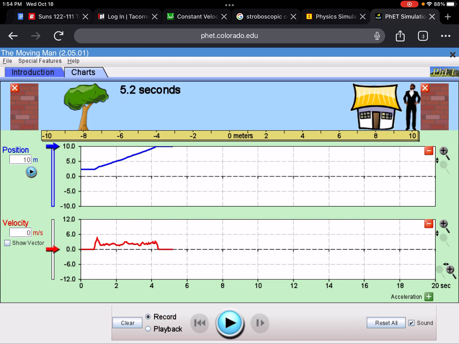All right. Now, it's not perfect, but I can see from about 2 to 4 seconds, I have a pretty good linear line. That kind of looks like what I have in the graph. If I look at my velocity, the red line, from 2 to 4 seconds, it's a little bit bumpy, but it looks pretty horizontal.